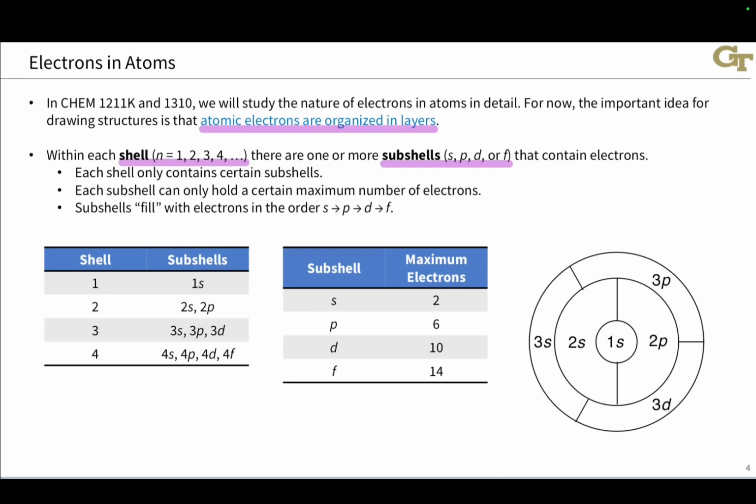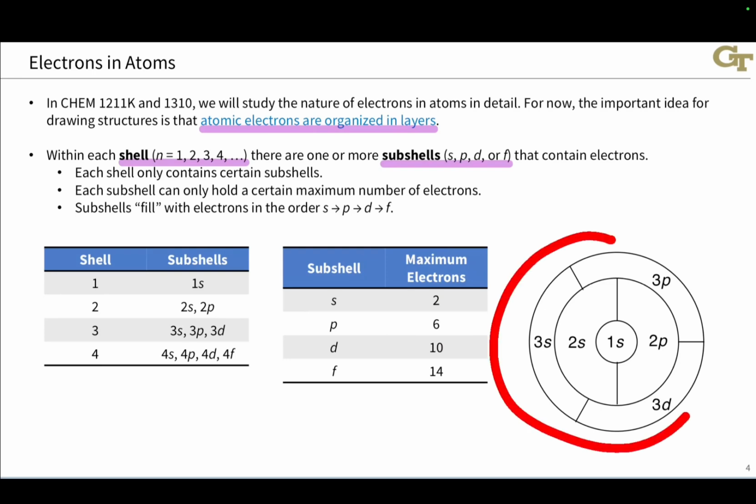Subshells fill when that number of electrons has been placed into the subshell: 2 for an S subshell, 6 for a P subshell, 10 for the D subshells, and 14 for the F subshells. They fill generally within a shell in that order: S first, followed by P, D, and F.